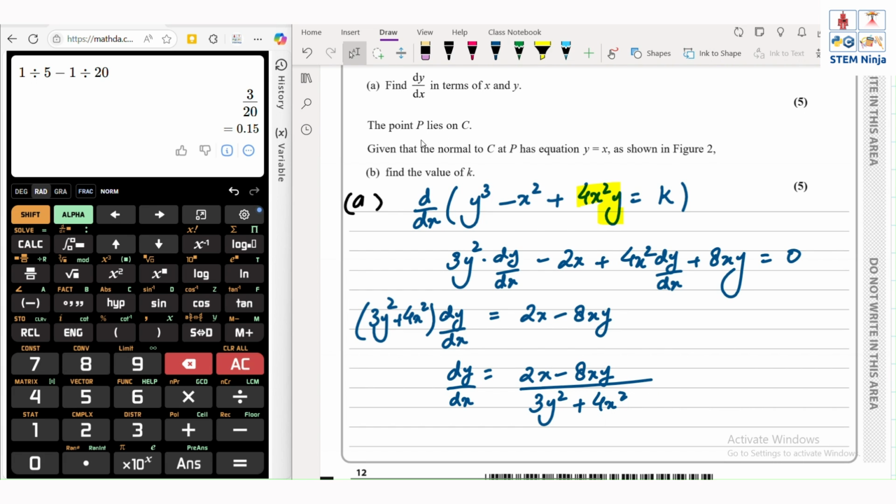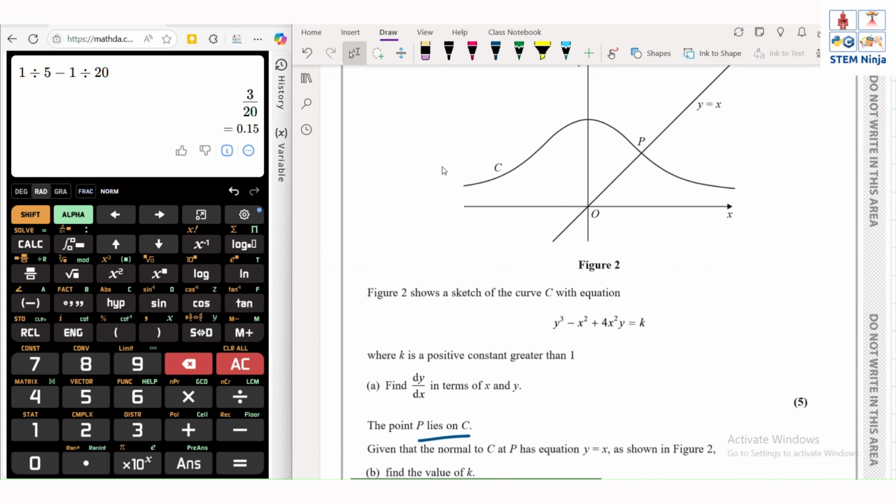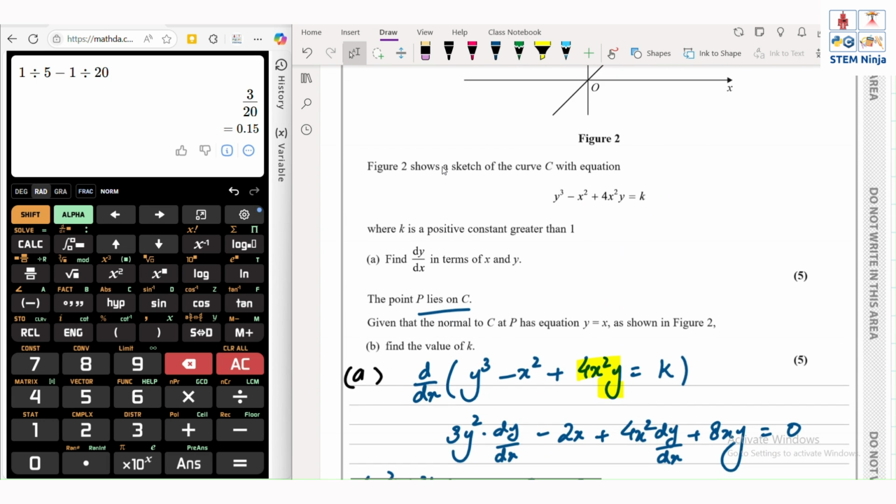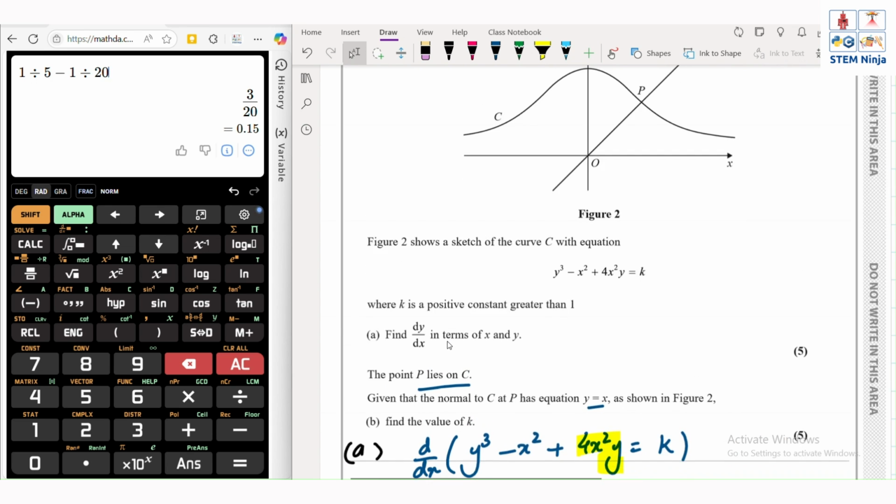Right. The point P lies on C. Given that the normal to C at P has equation y is equal to x, find the value of k. So y is equal to x is the normal. That means the gradient of the tangent at this point is minus 1.